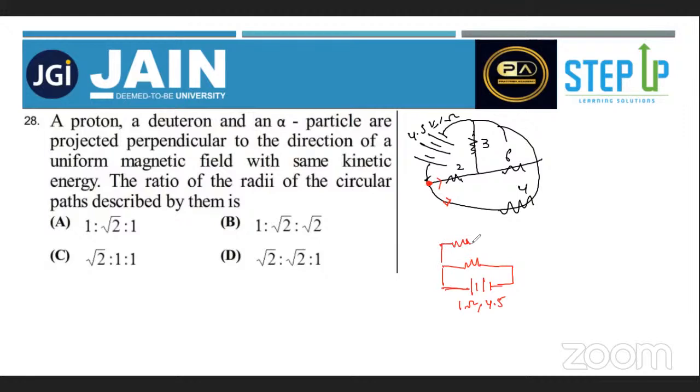Then it goes and bifurcates to 3 and 6. Current comes here and bifurcates, so this and this are parallel. Whatever comes out comes to 4. I can do this.